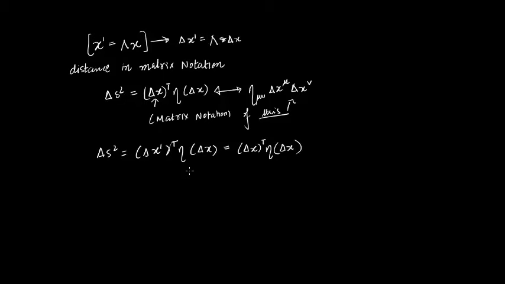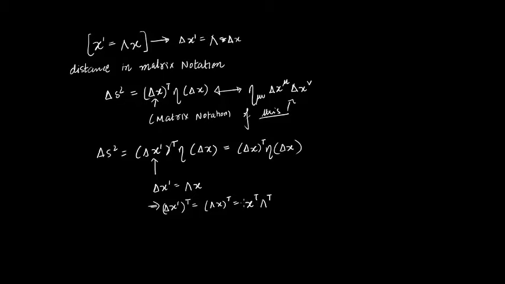Now if we simply switch from this primed coordinate system, we know that delta x prime is in fact equal to lambda delta x, and so that means that delta x prime transpose is going to be lambda delta x transpose, which will be equal to delta x transpose lambda transpose.